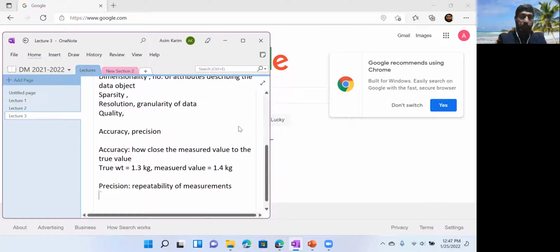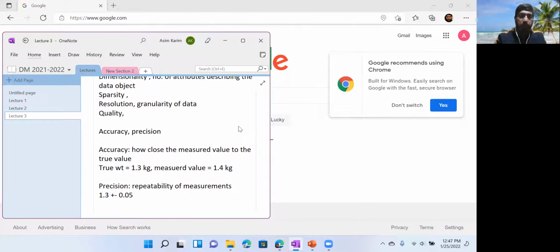If those multiple values are very close together, let's say if I talk about my laptop, 1.3 plus minus, let's say, 0.05, meaning that the measured value would only range between this interval, 1.25 to 1.35. So this interval in which the value lies is a quantification of the precision.